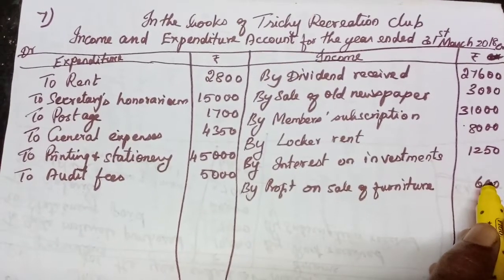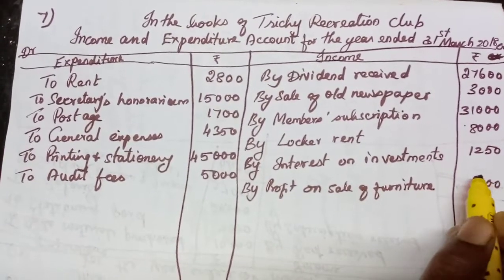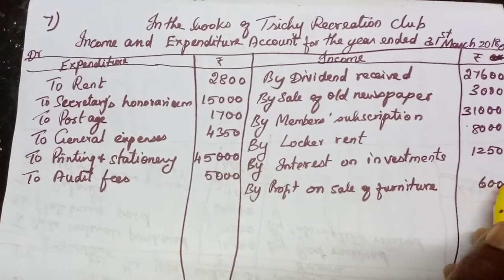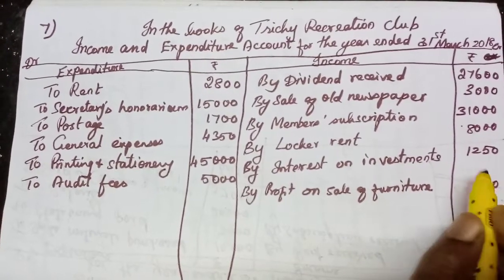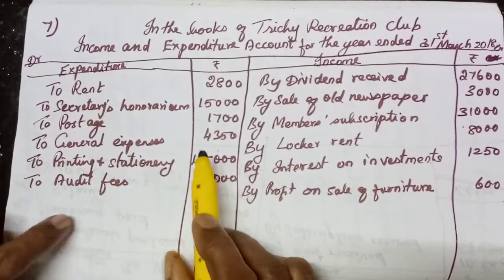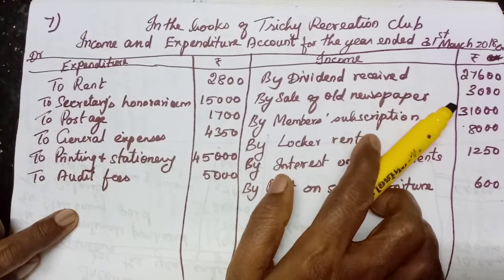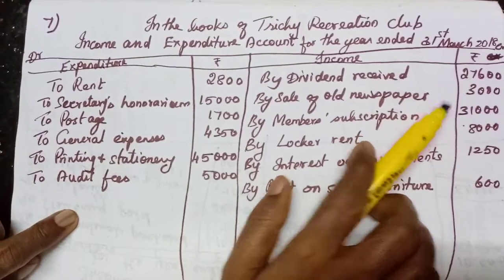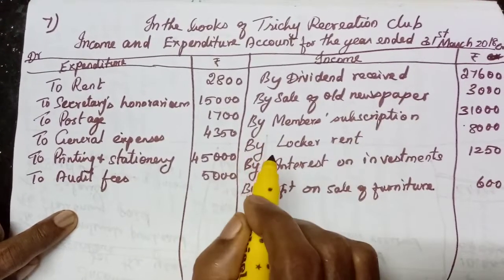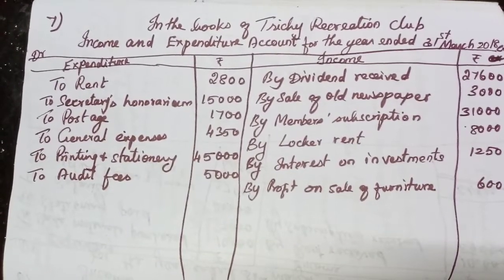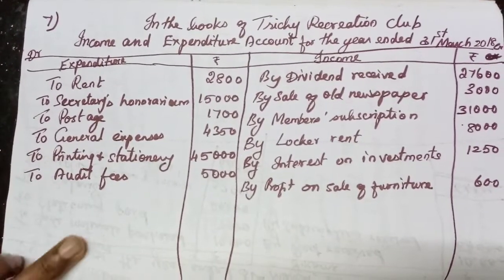Now we have to calculate the amount. Which side will be more? Here it may be more, isn't it? So with the pencil you have to calculate the total amount.